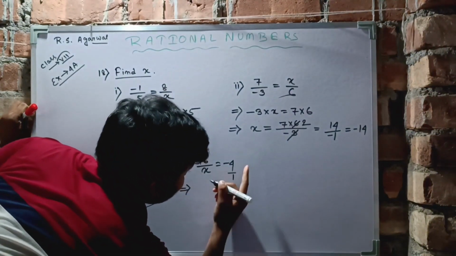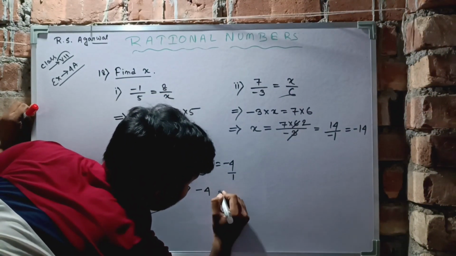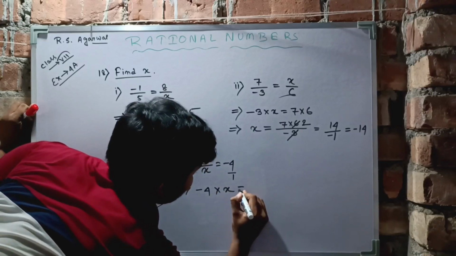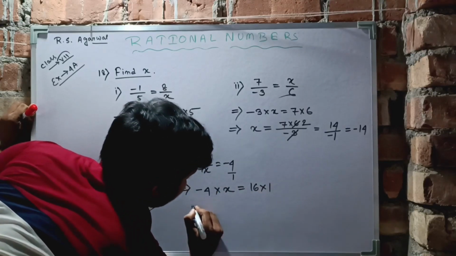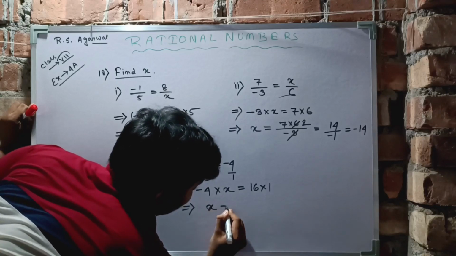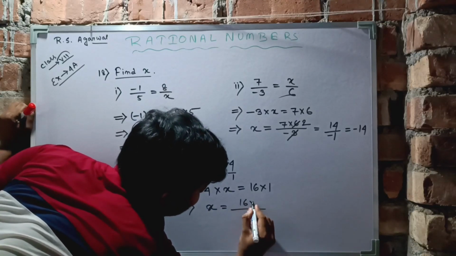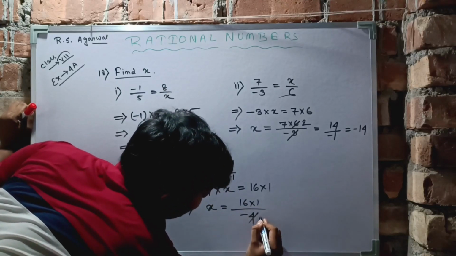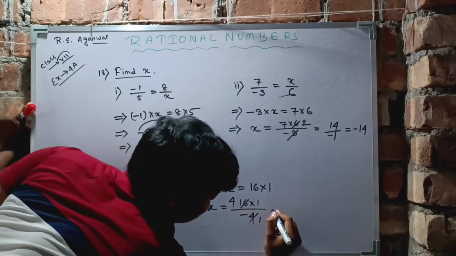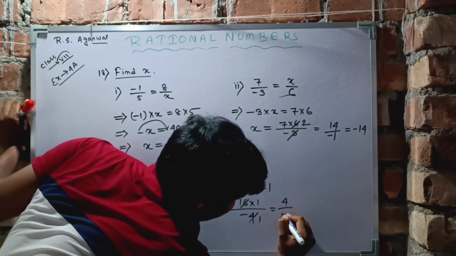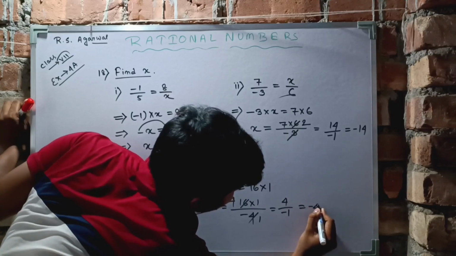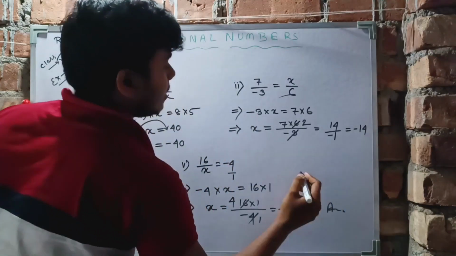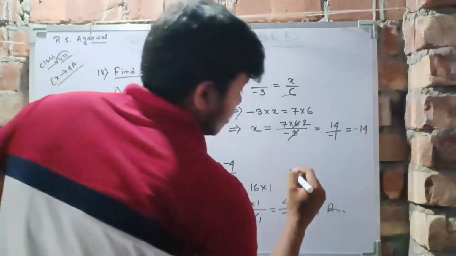Similarly cross multiply: -4 multiplied by x equal to 16 into 1. That means x is equal to 16 into 1 by -4. 4 ones are 4, 4 fours are 16, 4 by -1, that means -4. This is our answer. Other problems are similar.